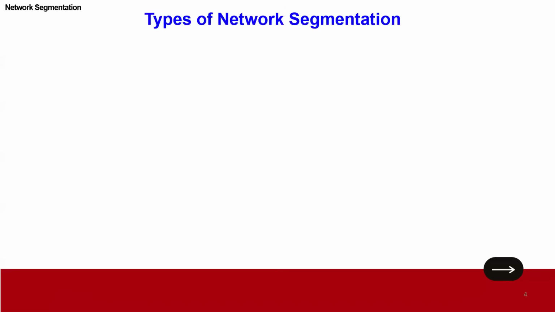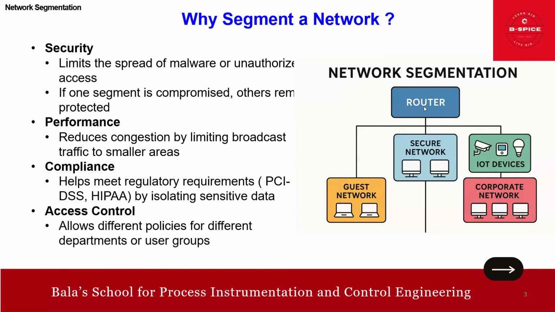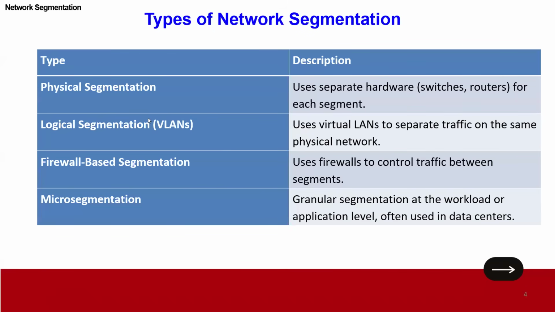Now we go into types of network segmentation. There are four types: physical, logical, firewall, and micro. Physical: we use separate hardware, switches, and routers for each segment, like what we discussed earlier. Using the router, they do the segmentation. Then logical segmentation uses a virtual LAN to separate traffic on the same physical network.